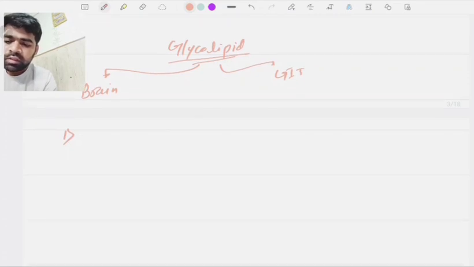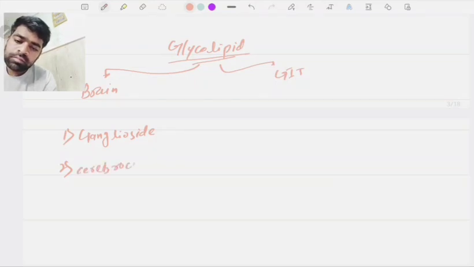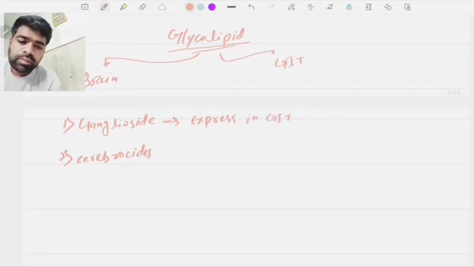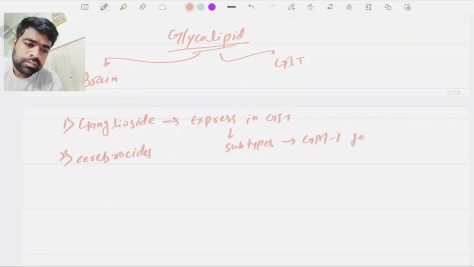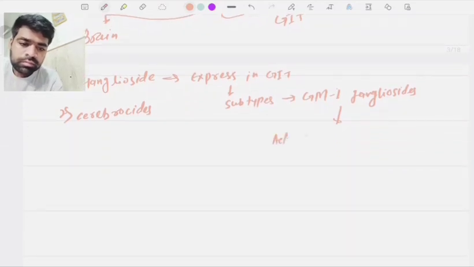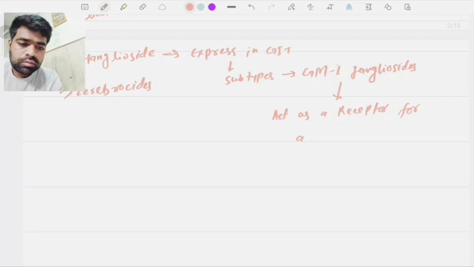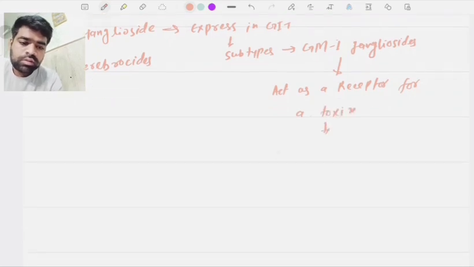It has two types: first one is gangliosides and second one is cerebrosides. Gangliosides are expressed in the GIT. Subtype GM1 ganglioside acts as a receptor for a toxin. The toxin name is cholera toxin.